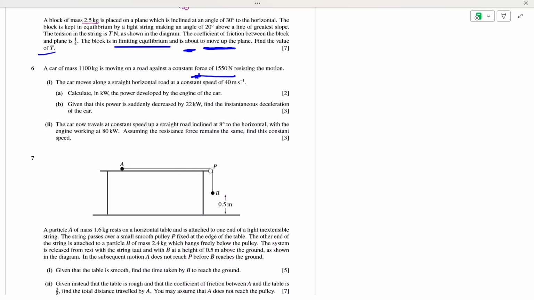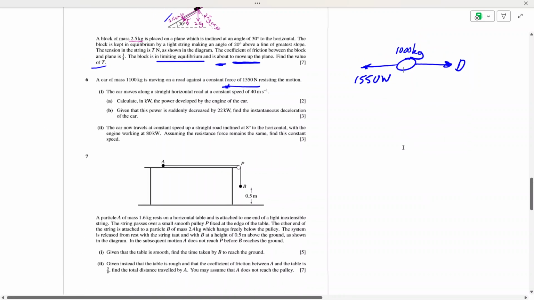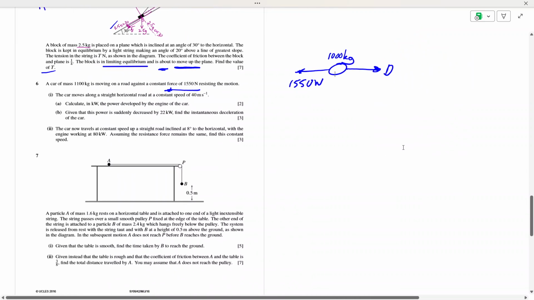Let me draw a diagram. So the scenario looks something like that. We have a car being pushed by a driving force, and there is a resistive force of 1550 newtons, and the car is 1,000 kgs, like that, right? That is what we have.